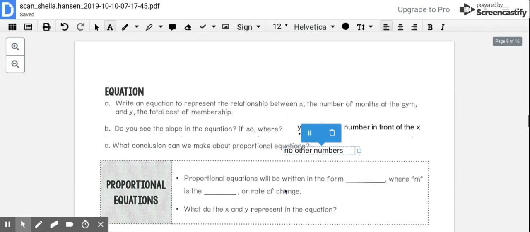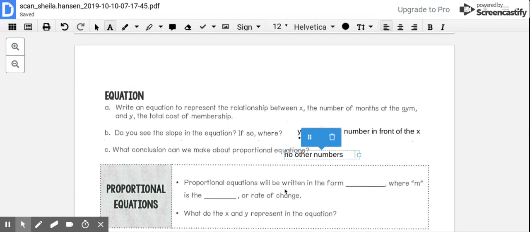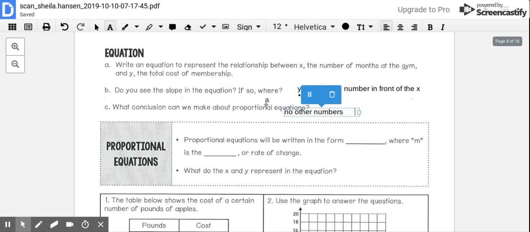So like for the wellness center, you have to pay a membership fee of $75. And then maybe it's $25 a month. So that $75 membership fee would cause it to not be proportional. So if an equation is proportional, you know that it doesn't have any other numbers except y equals whatever x.